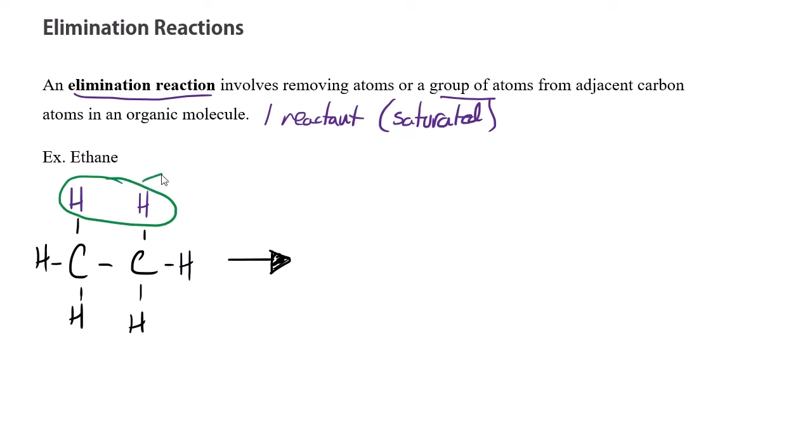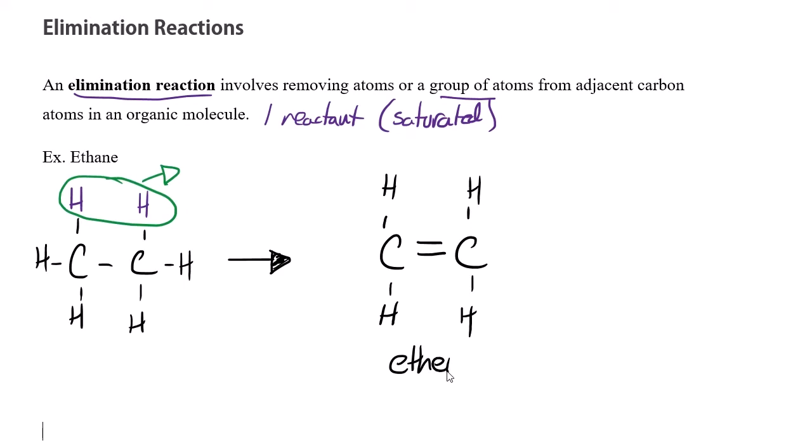It's a multi-step process, but the overall reaction is that those hydrogens will leave and form a double bond between the remaining carbons. So we have ethene as one of my products, and my second product is going to be hydrogen, or H2, which is these guys bonded together.